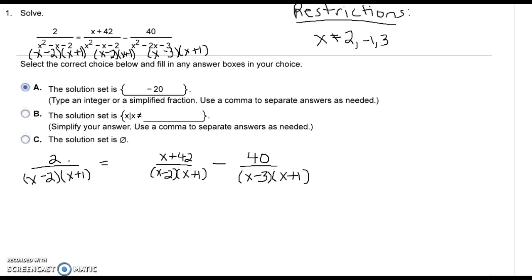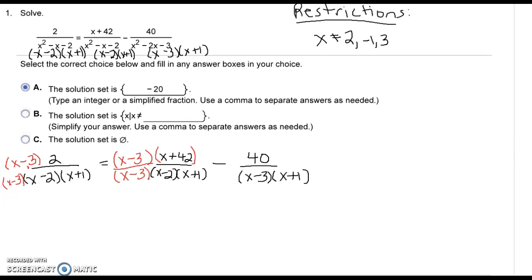Okay, so the first fraction over here needs x minus 3. The middle fraction needs x minus 3 as well. We'll have to FOIL those out.